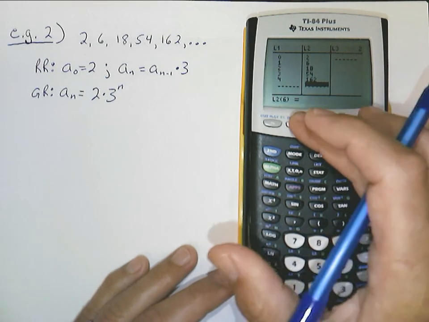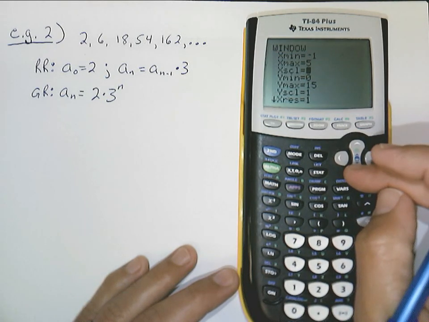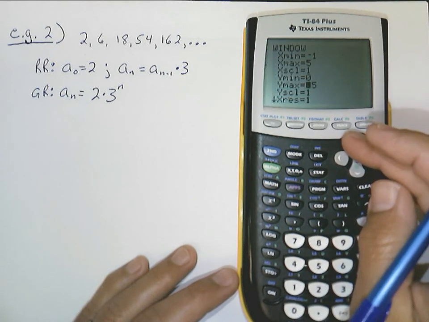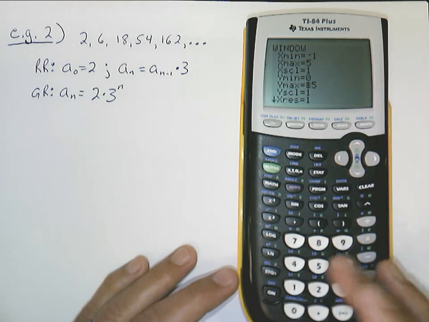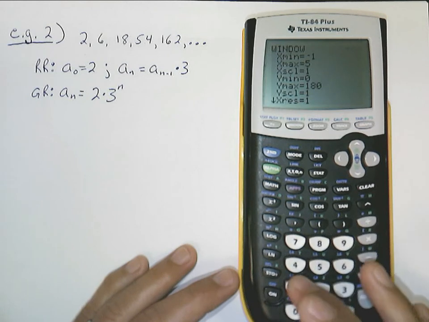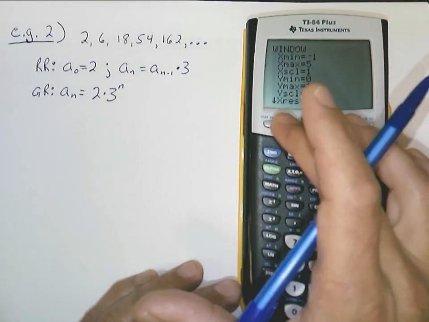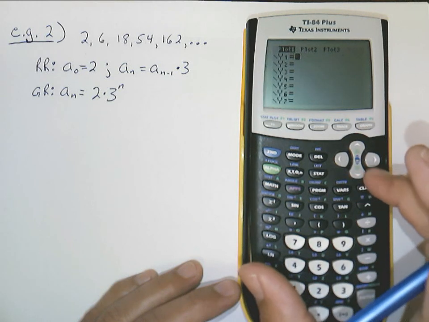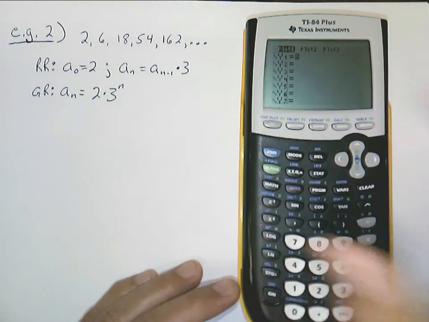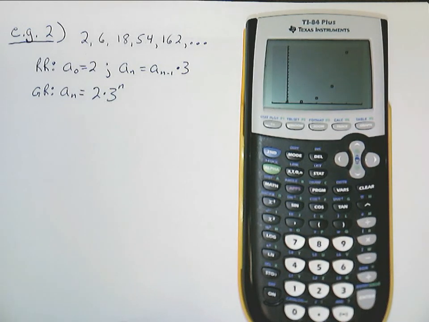And we're going to have to change the window up so we can see everything. So my x's are fine, but my y's are going to have to go from 0 up to, let's go with about 180, just to make sure we see everything. Don't need to tick mark every single time. And I don't want to see that guy, but I do want to see the stat. So here we go. There are our individual data points.